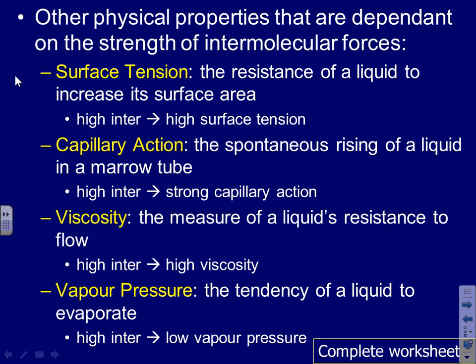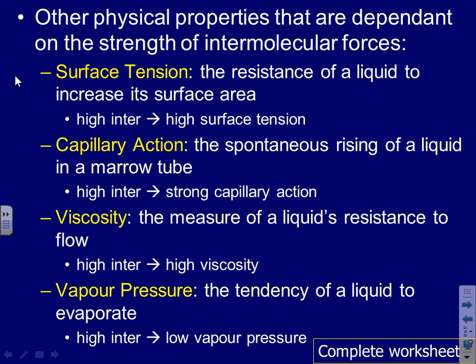Okay, that's the end of this at this point. There is a worksheet that is online. There are no text questions, and it just asks you to analyze various pairs and groupings of molecules in a very similar fashion to what we did in this lesson. Again, essentially, what did we talk about? We talked about those intermolecular forces: London, dipole-dipole, and hydrogen bonding.